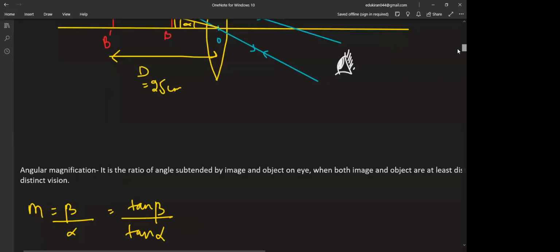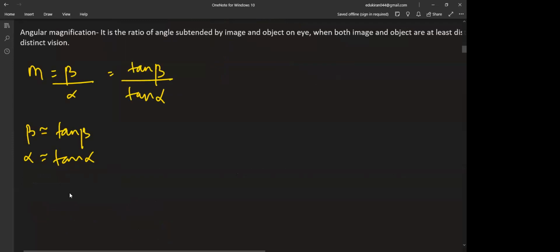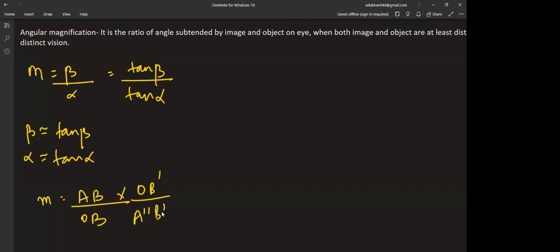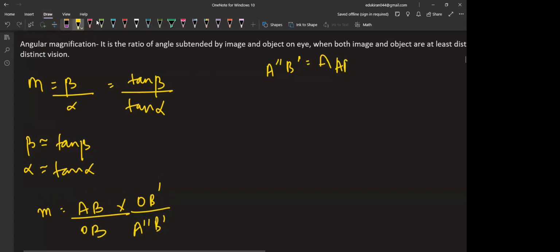So what can I write? Magnification equals AB divided by OB, into OB dash divided by A double dash B dash. And A double dash B dash is exactly equal to AB.